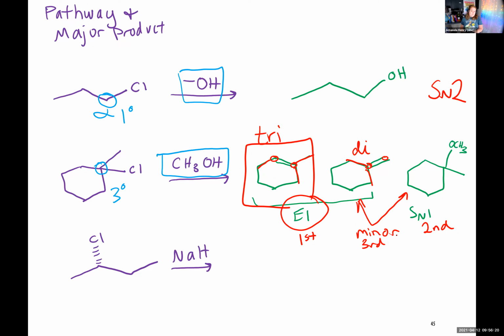So I'm not sure if that answers your question. But in terms of weighing the options to decide if you're going to have Sn1 or E1, I would definitely draw out what your possible alkenes would look like to decide how many substituents it has. That's going to help you make that decision.